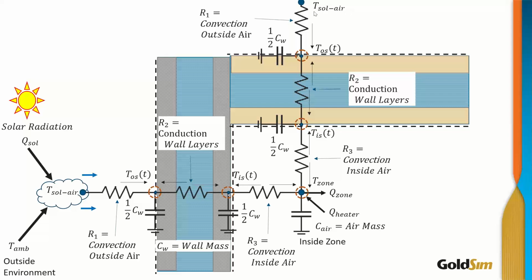The T-solar air here is slightly different because this is a horizontal orientation and this is a vertical orientation. So the details are slightly different, but the method is still the same. So we have the resistance to convection, the outside surface, conduction, the inside surface, and then convection to the inside air zone.